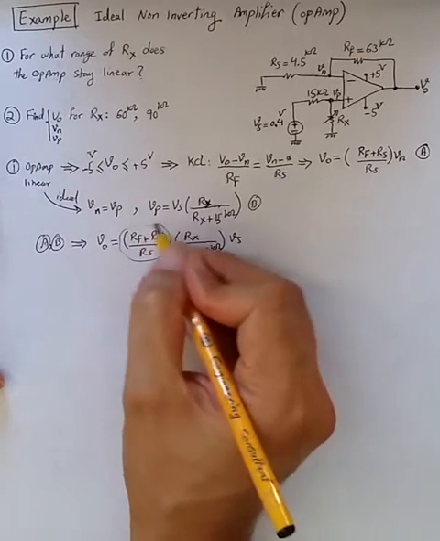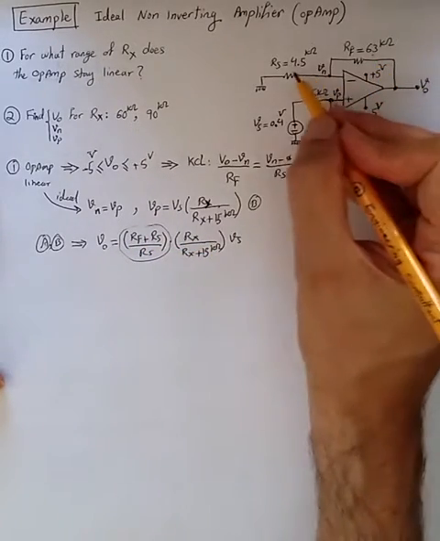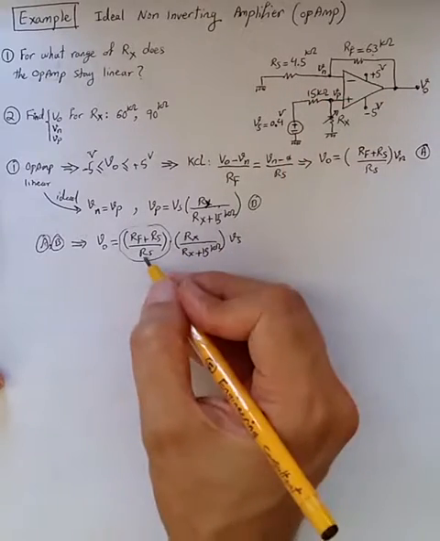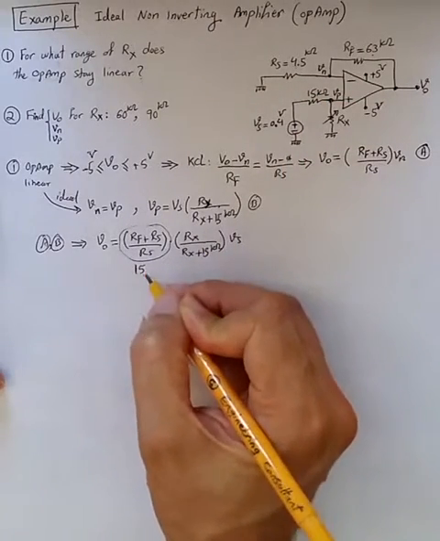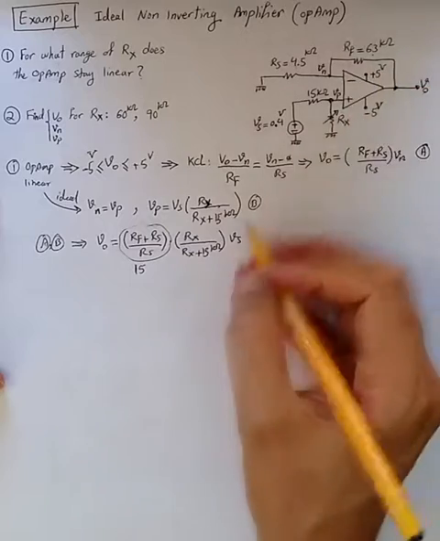For this one, we know Rf is 63 and Rs is 4.5, so Rf plus Rs over Rs is 15. So that's this gain.